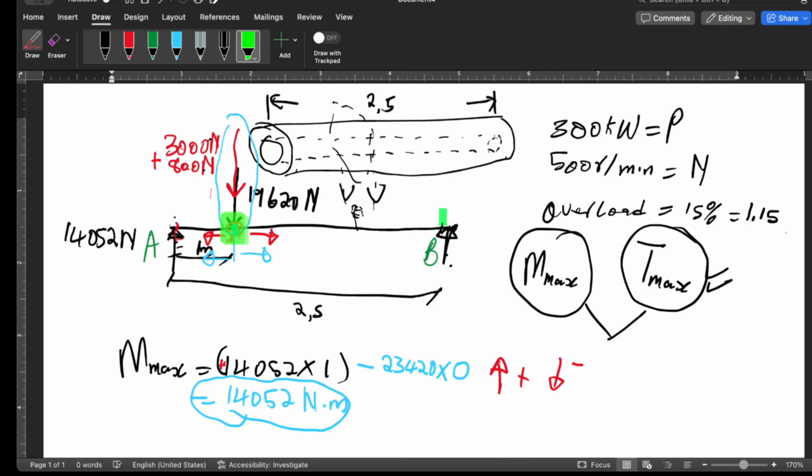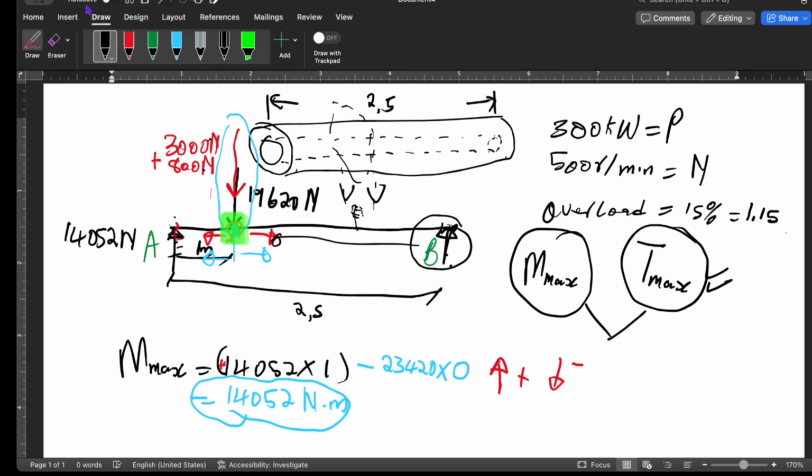If we calculate from B, the same answer will come out, exactly the same. If we are checking the right side, it means this force here multiplied by this distance there. The same answer will come. You understand it? Okay. So we have this as our answer.